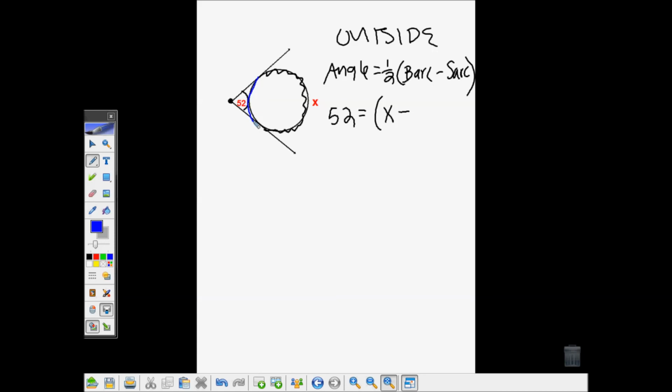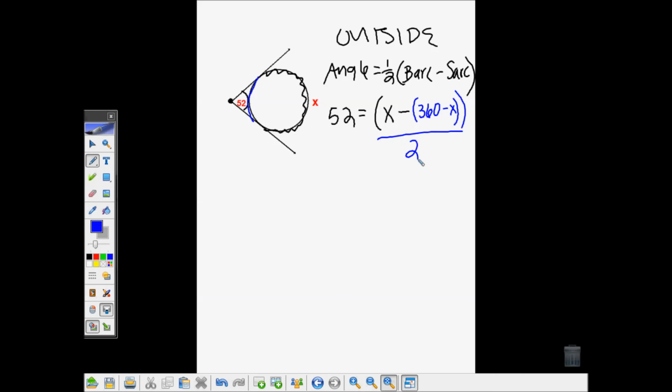Now my small arc is going to be over here, but they don't tell me what that is. The way that I would have to figure that out is I would have to take 360, because my circle is 360 degrees, minus x. So my small arc, I'm going to make another parenthesis to do 360 minus x. And remember, all divided by 2.